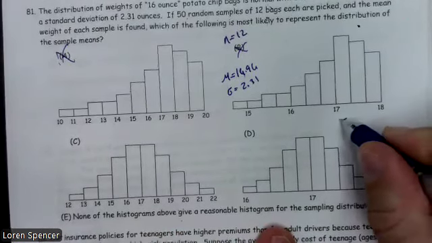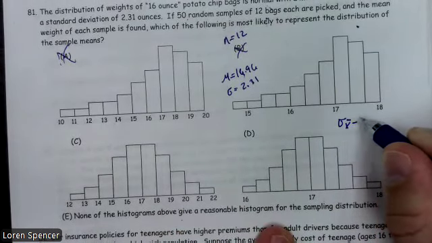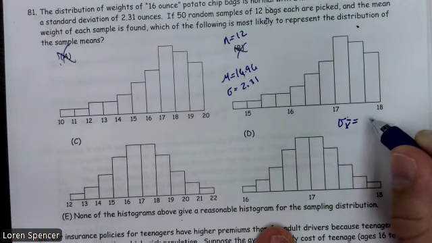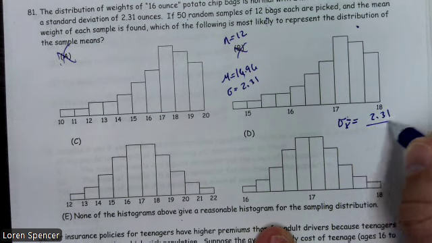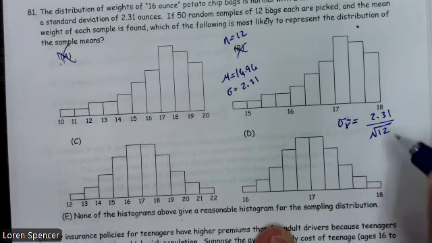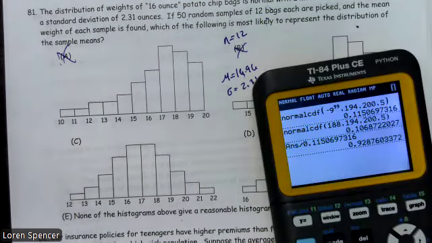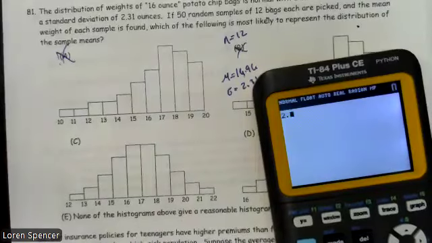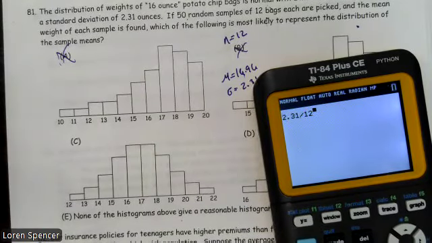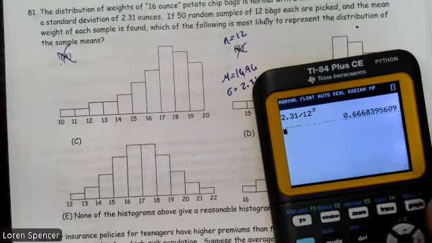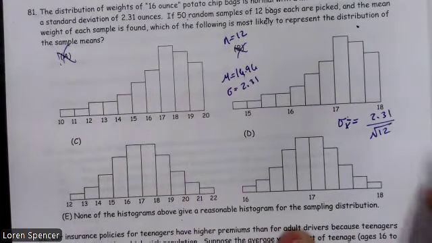The standard deviation of X bar, the sample means, is the standard deviation of the population, 2.31, divided by the square root of 12. So 2.31 divided by 12 raised to the half power is 0.666. Oh, that's nice.